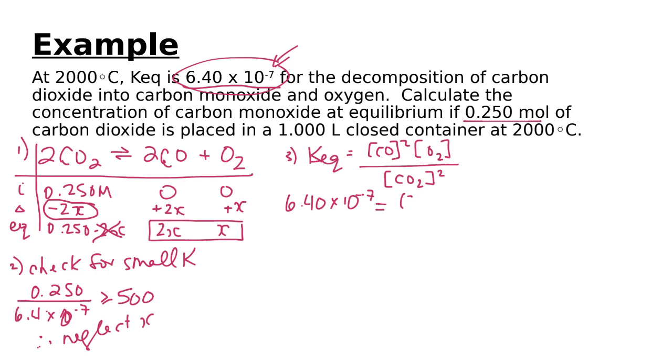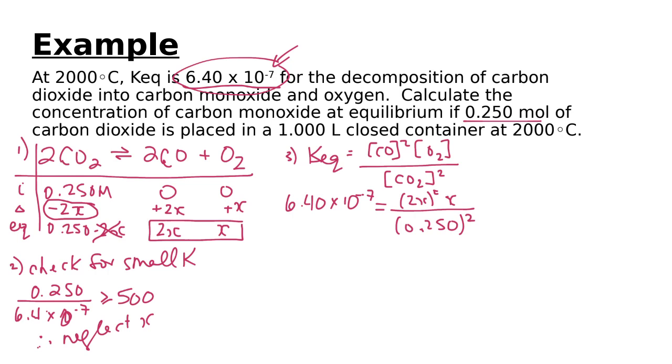So we're going to sub in everything else. So I have 2x squared times x divided by 0.250. And again, we're going to neglect that change in x. So we want to get our x terms grouped together.